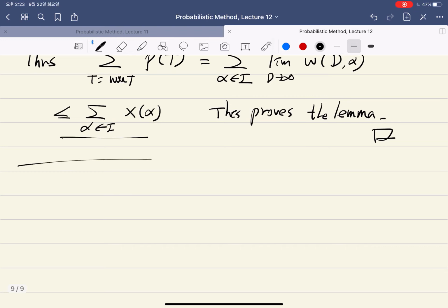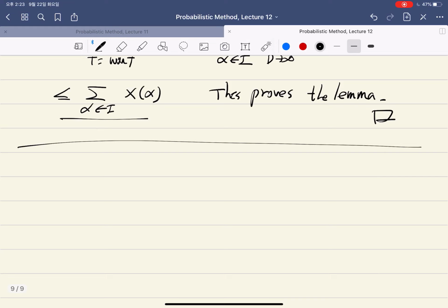So now we consider the local lemma application. In the local lemma, what we do is we often consider some xi in this dependency diagram.